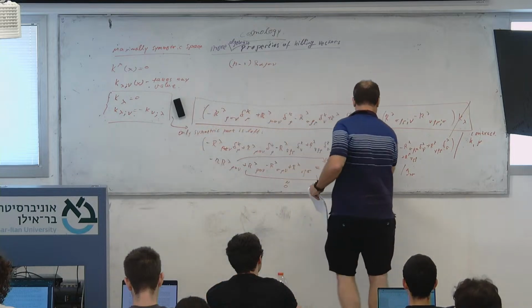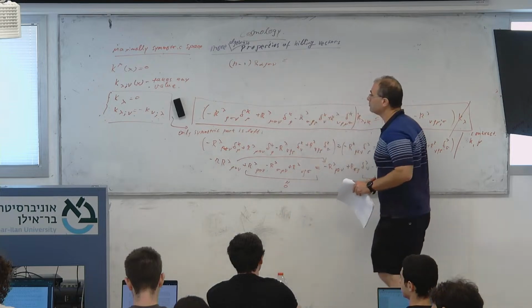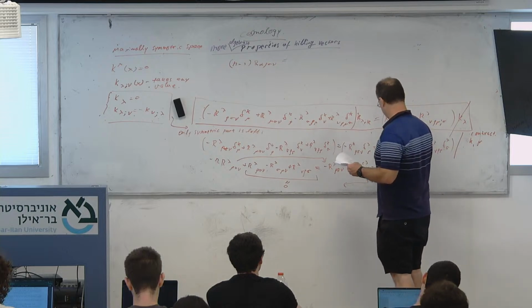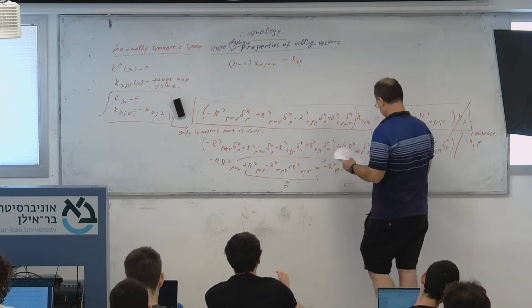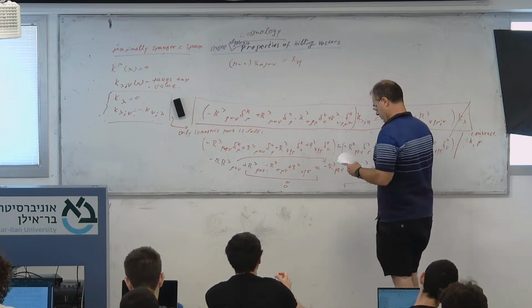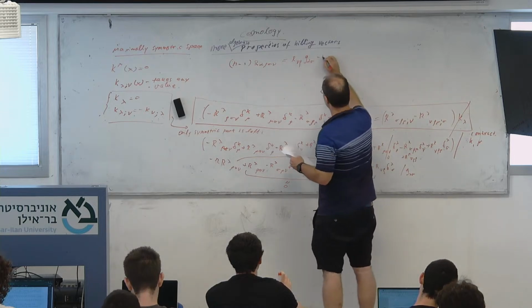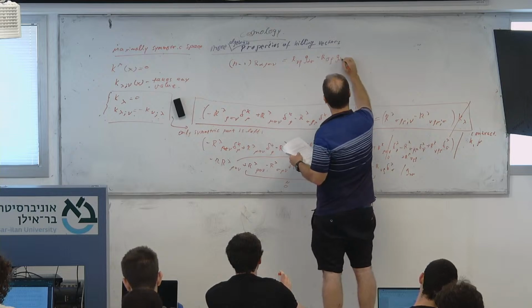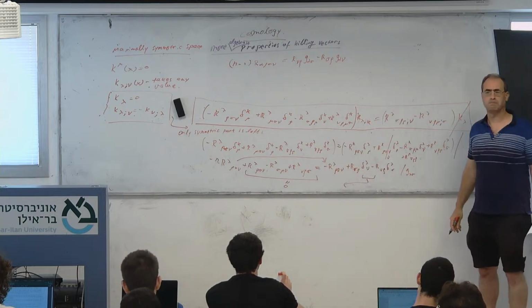And I move those to the other side, and I get is equal to R nu rho G alpha sigma minus R sigma rho G alpha nu. I promise you it's going to be annoying.